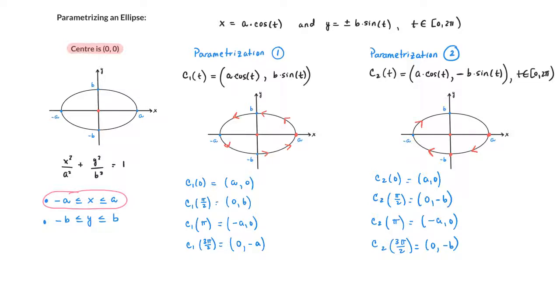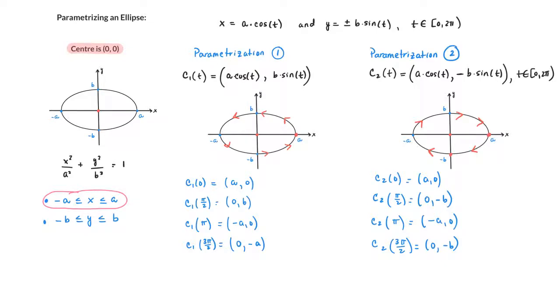We're going in that direction, this direction, in that direction. So you really notice here that we get the same shape, we parameterize the same ellipse, but the direction of motion is different with each parametrization. How beautiful, how nice that is. Now, in general, the more general parametrization is this one right here.